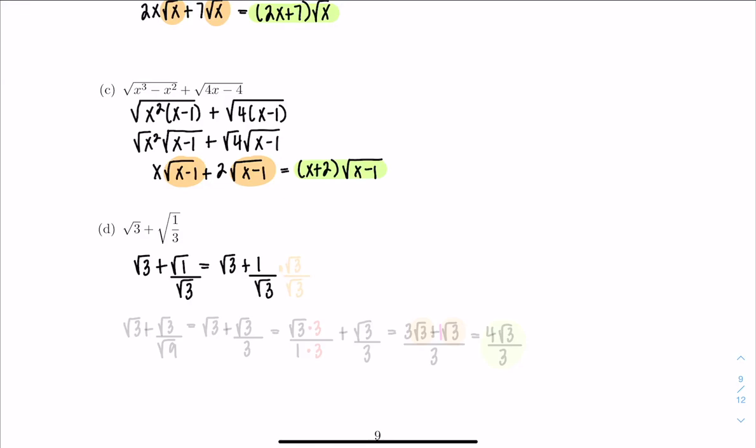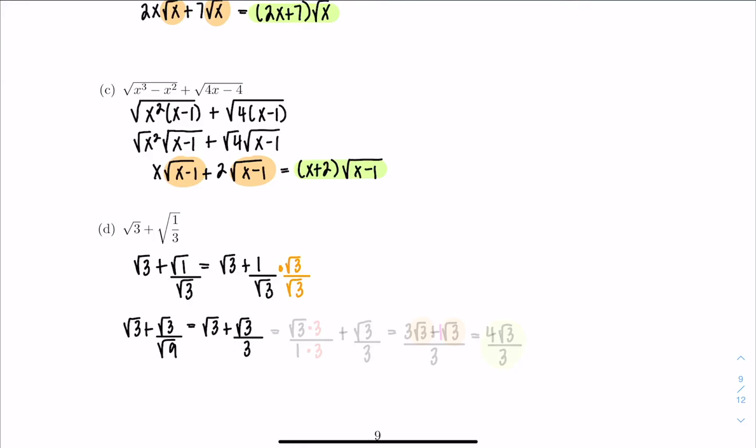And then to rationalize, we're just going to multiply the top and bottom by square root of 3. So we get square root of 3 plus the square root of 3 over the square root of 9. Or that's the square root of 3 over 3.